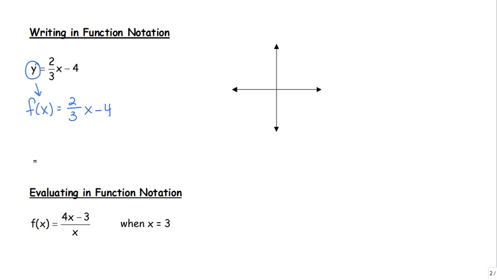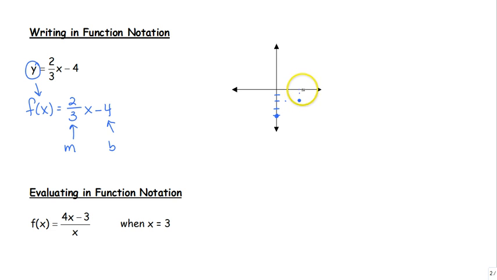And then why not? Let's go ahead and do a quick review on how to graph a line in slope-intercept form. We have our slope of 2/3. We have our y-intercept of -4. So we start down at -1, 2, 3, 4. Our slope is a positive 2/3, so we're going to go up 1, 2, right, 1, 2, 3.